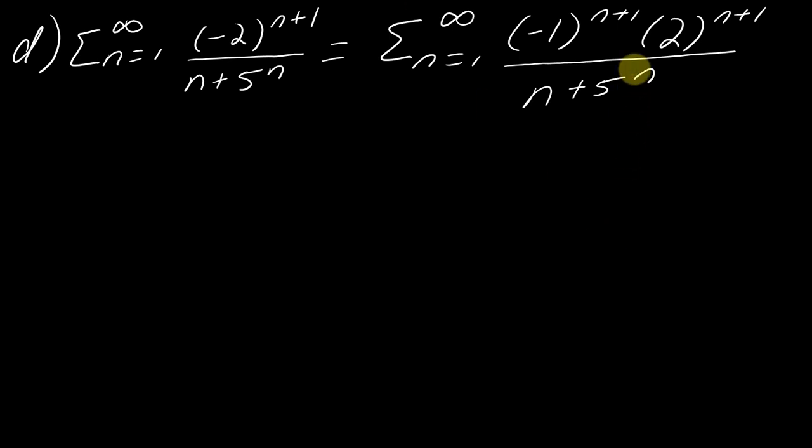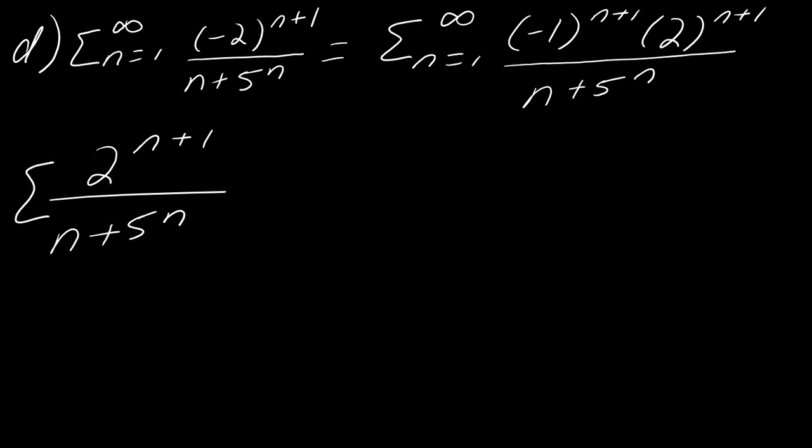So now I need to take the absolute value of this, and I need to just determine if 2 to the n plus 1 over n plus 5 to the n, will this series by itself converge? And that's not something that the alternating series test does for us.